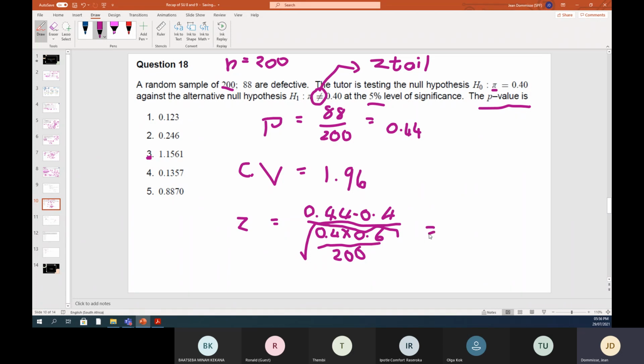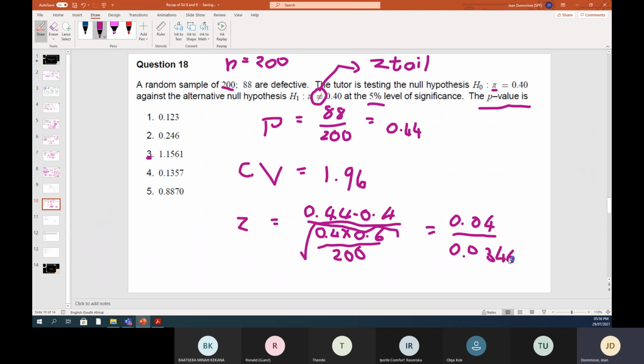So let's just see, 0.44 minus 0.4. So at the top, it gives me 0.04. And I divide it by 0.4 times 0.6 divided by 200. If I take the square root of that, it is 0.0346.